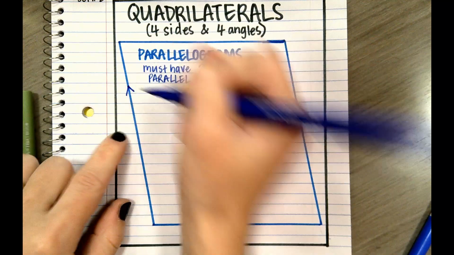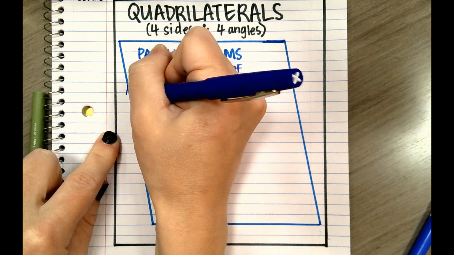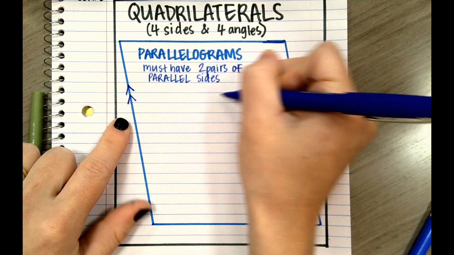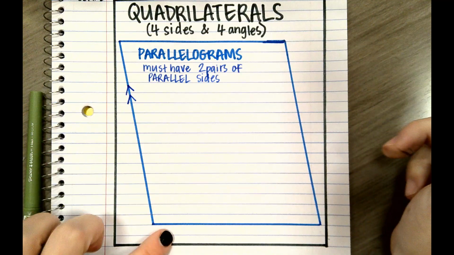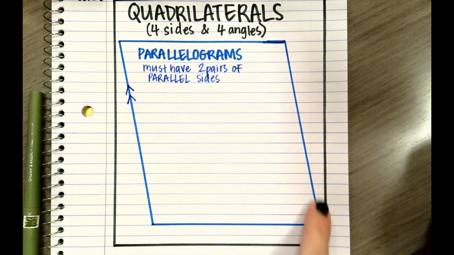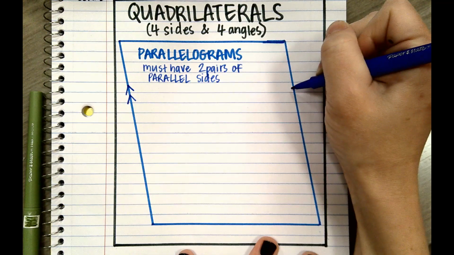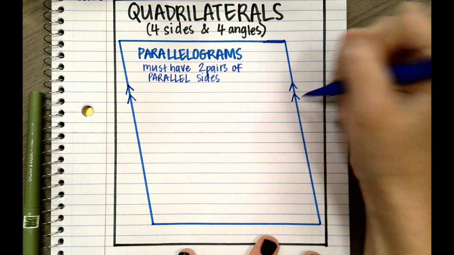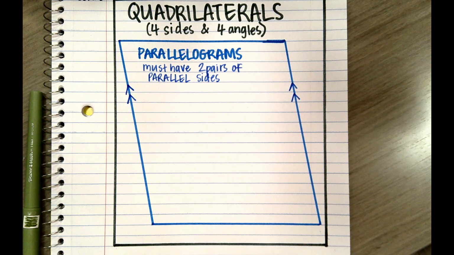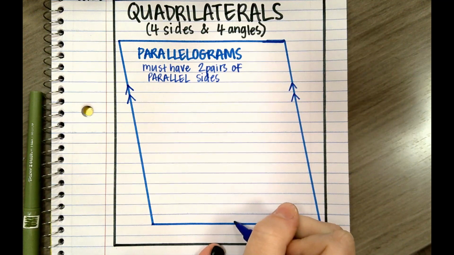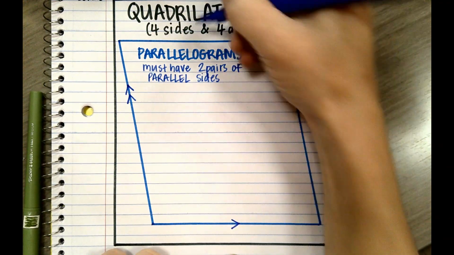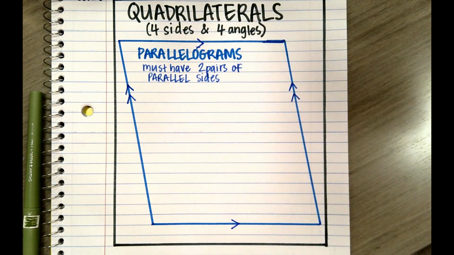So I'll put an arrow here and another arrow. And since this side is parallel to the opposite side here, I'm going to draw the same number of arrows over here as well. So there's my one pair of parallel sides. And then I'll put one arrow on the other pair like that.